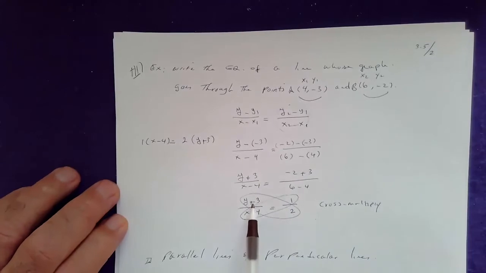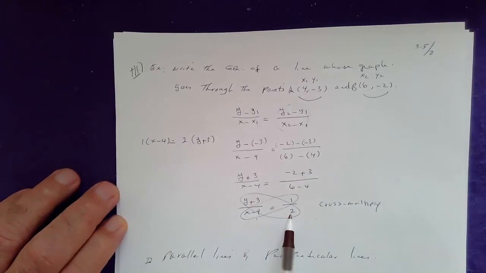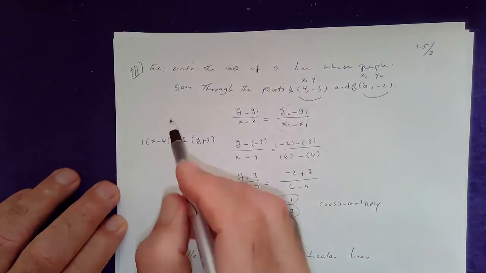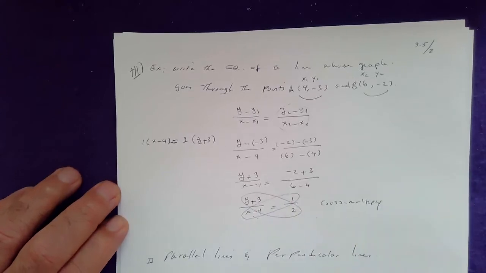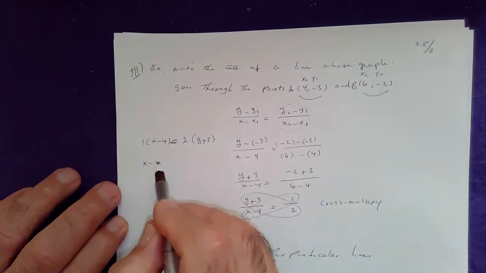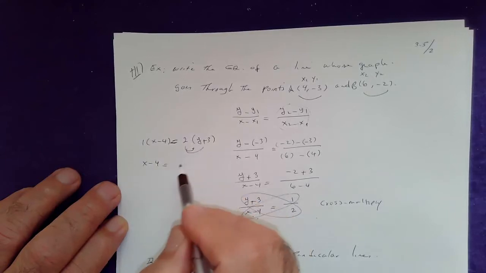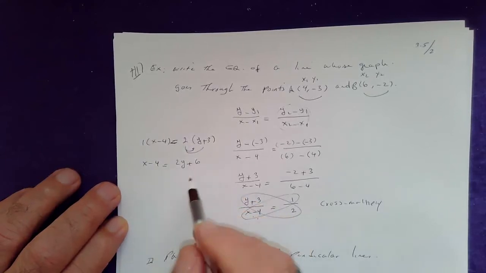Multiply the numerator of the fraction on the left by the denominator of the fraction on the right, set it equal to, don't lose your equal sign, the denominator of the fraction on the left by the numerator of the fraction on the right. Remove the parentheses, distribute the 2, and what do you know?